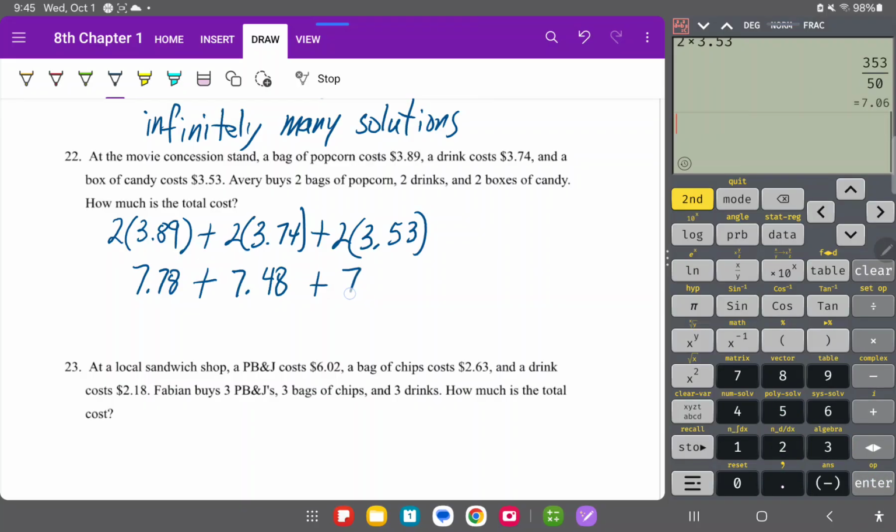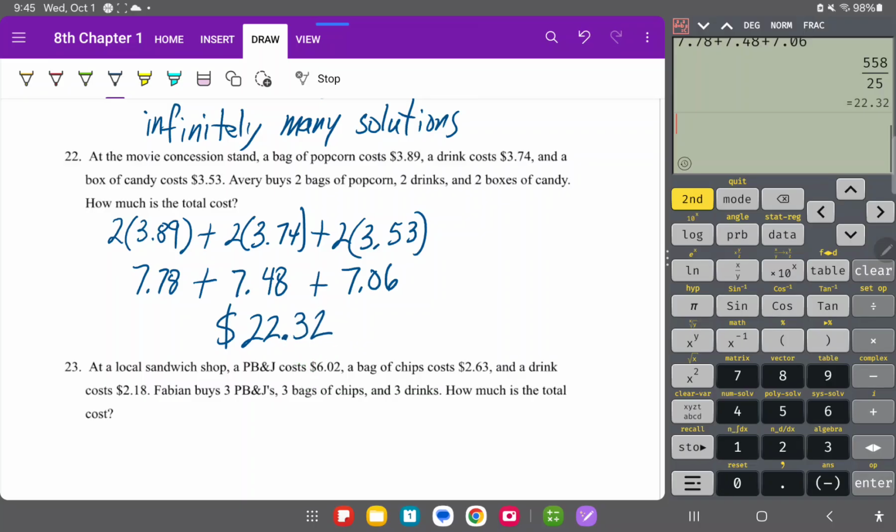So that is equal to $7.06. All right, so then we add all those up. 7.78 plus 7.48 plus 7.06. And so that's going to be a total of $22.32.